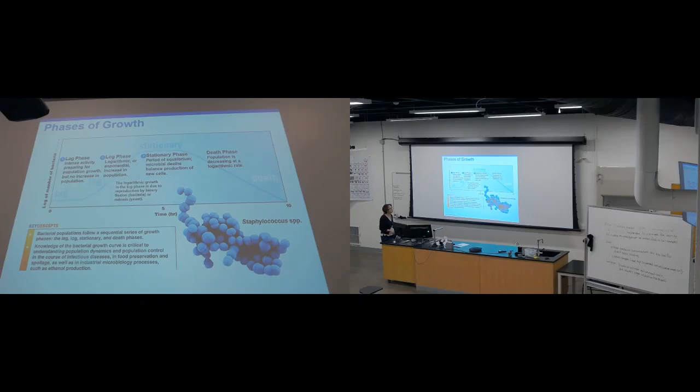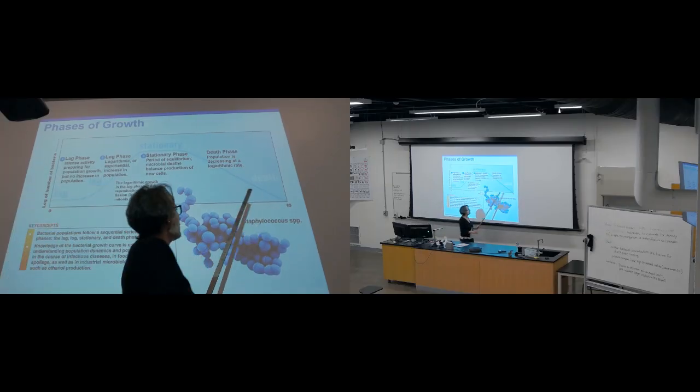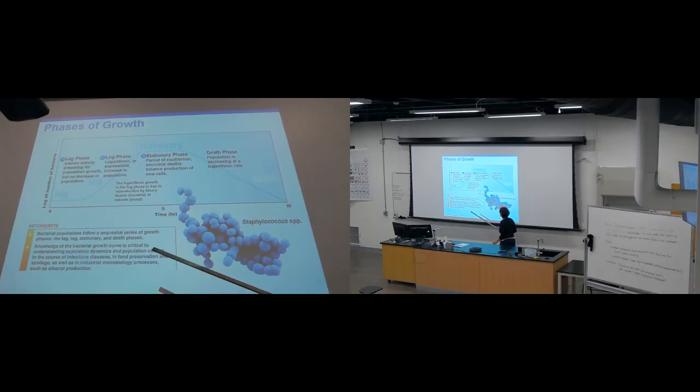And here is the representation of the different phases of growth and what happens in each of them. So this graph in the y-axis tells you the logarithmic number of bacteria, and in here it tells you the number of hours that have gone by.